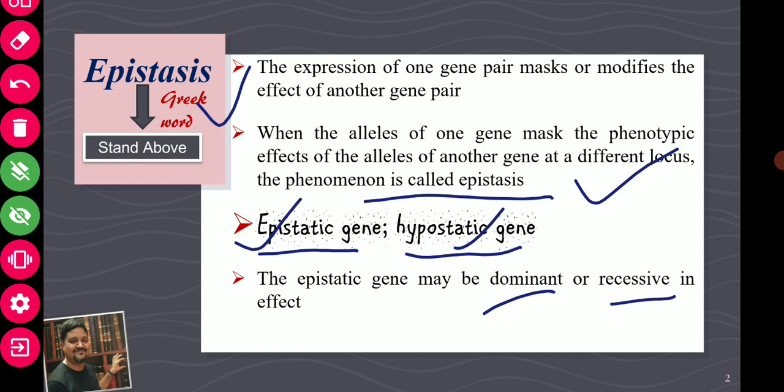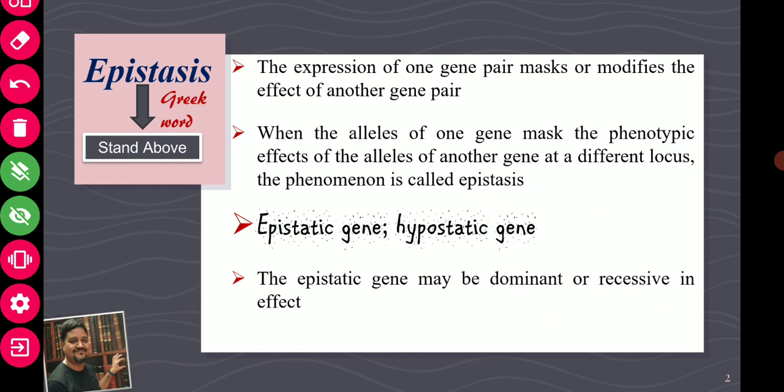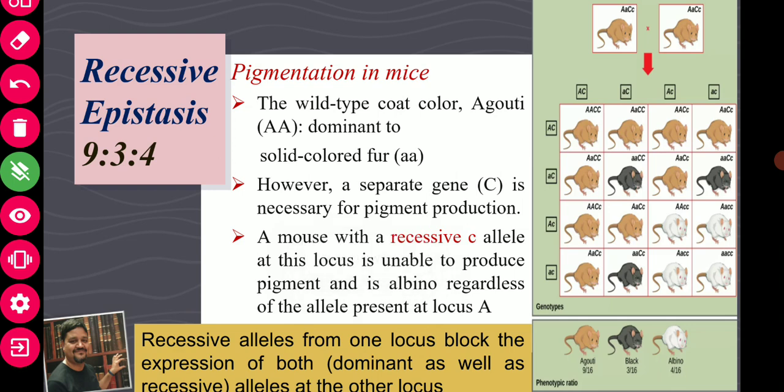So now let us start with the different kinds of epistasis. First of all, recessive epistasis. Recessive epistasis shows the dihybrid F2 generation phenotypic ratio of 9:3:4.